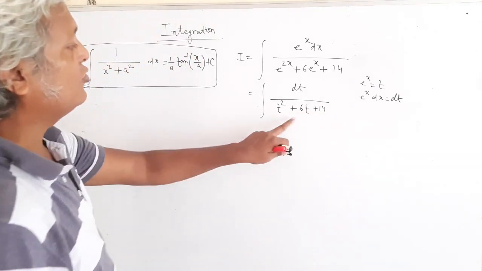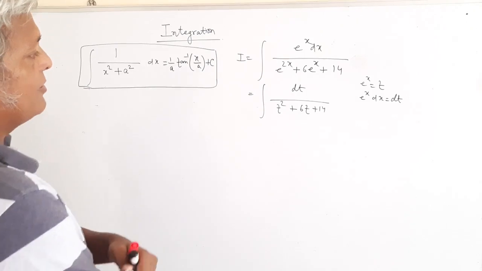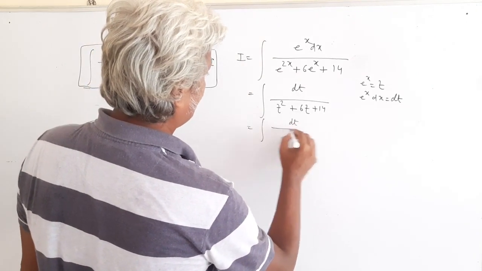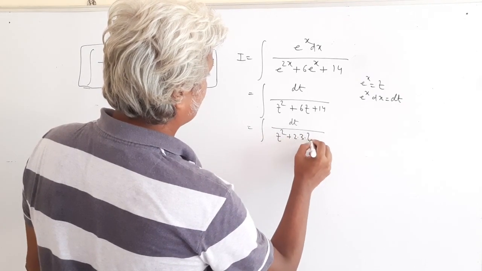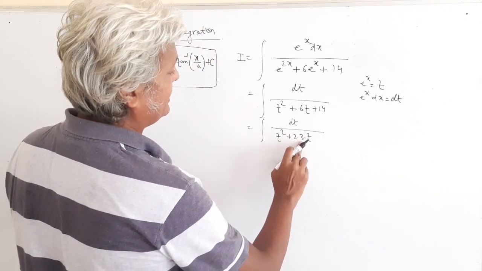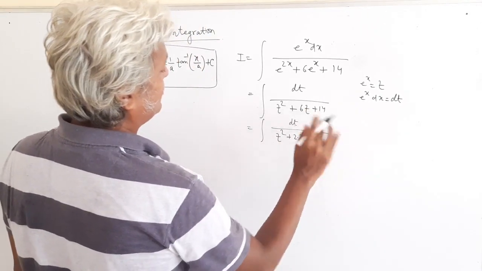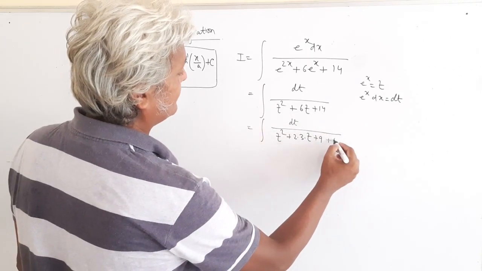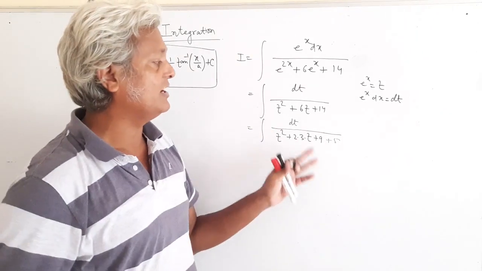Now I try to convert this as a sum or difference of two squares to check whether we can get in this form or not. So how? So write dt over t square plus 2 dot 3 dot t. So this is 2ab, so our b is 3. So we need plus 9. So suppose if I have taken this 9 out of this 14, I will be left only with 5. So just that much more. If I write plus 9 minus 9 plus 14, you will get the same thing.